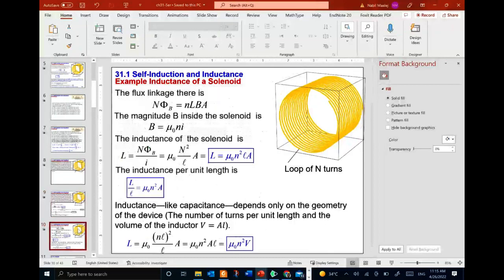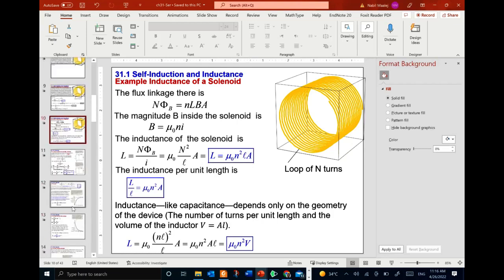You can also use capital N, so it will be mu 0 N squared divided by L times A, where A is the cross-sectional area. So you can see that the inductance is dependent on the geometry of the inductor, the length and the cross-sectional area, and on the number of turns per unit length.